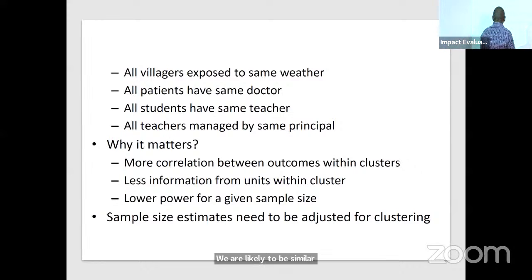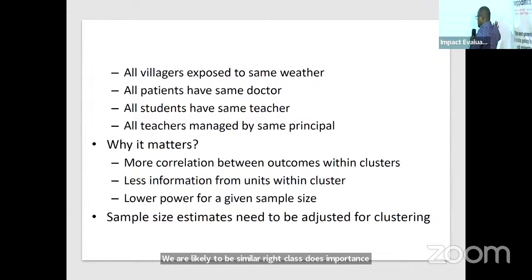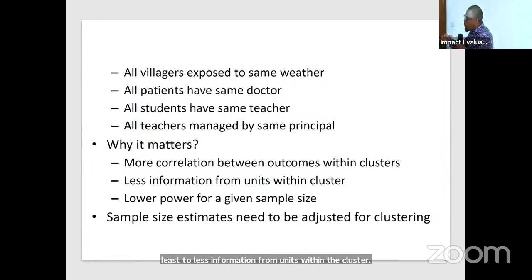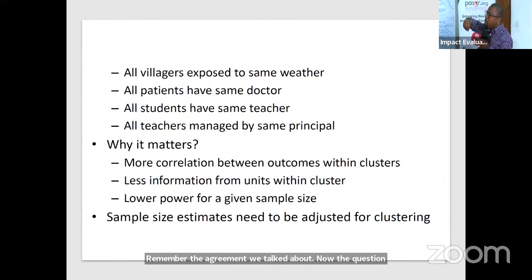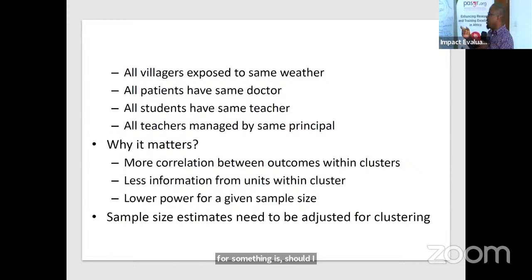Why is cluster important? More correlation between outcomes within a cluster leads to less information from units within the cluster. Remember the argument we talked about? Now the question for sampling is, should I add more of the same people in the same cluster, or should I take fewer of them and add more clusters?